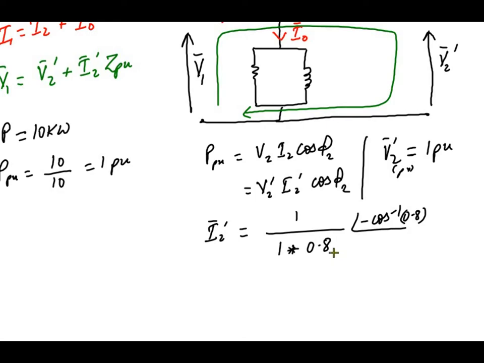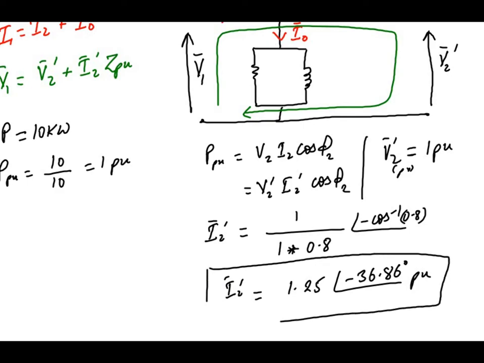So it will be around 1.25 angle minus 36.86 degrees. So the secondary current referred to the primary side is I2 dash, and its value is 1.25 angle minus 36.86.